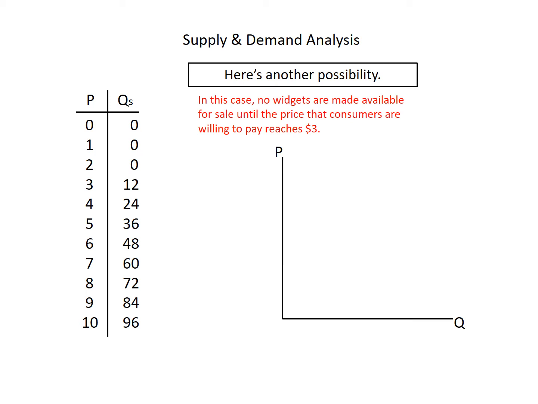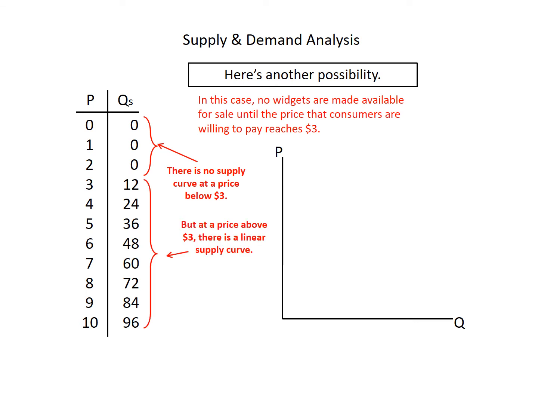So at a price below 2, the production of this good or service is unprofitable. So actually there's no supply curve below a price of 3. But above a price of 3, there is a linear supply curve. We know it's linear because the beta coefficient remains 12 throughout the entire curve that actually exists.